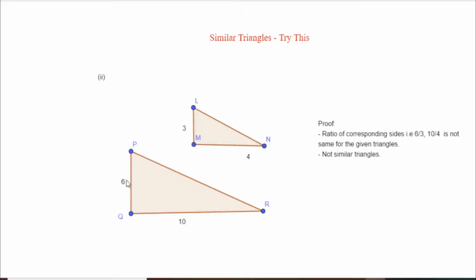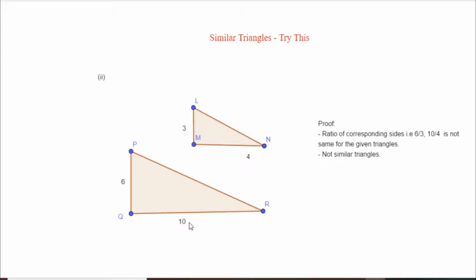If you take the ratio of PQ to LM, it will be 6 by 3, which is equal to 2. Now take the ratio of the remaining sides, QR and MN, for which the side lengths are given. If you take the ratio of QR to MN, it is 10 to 4.